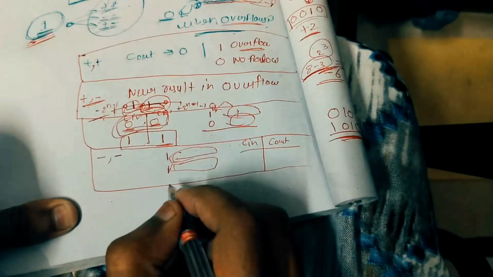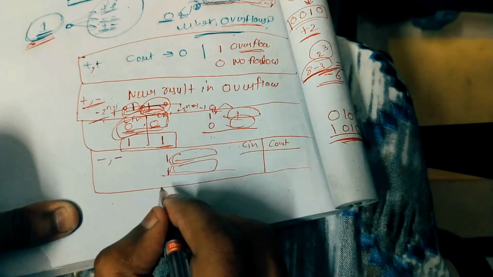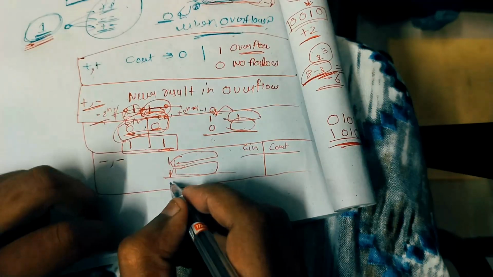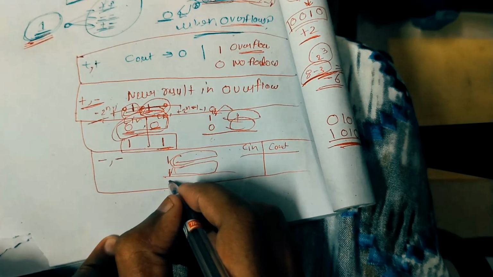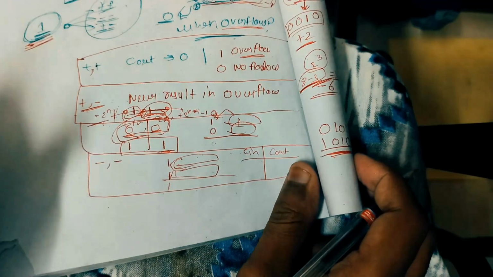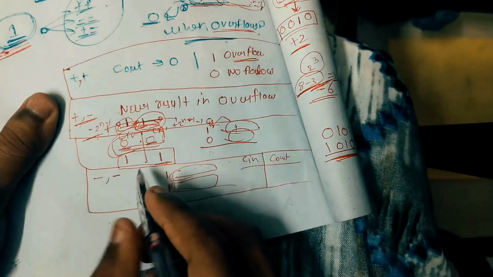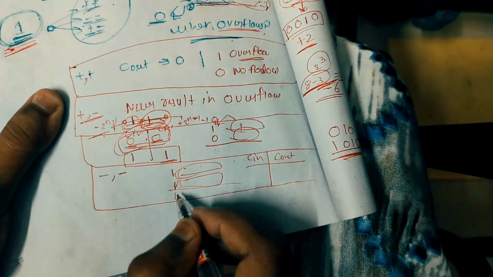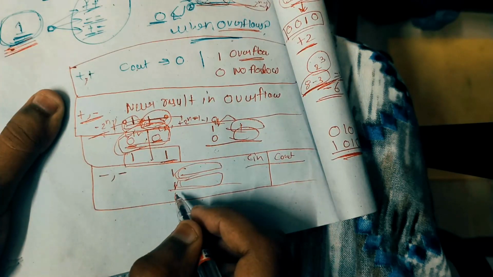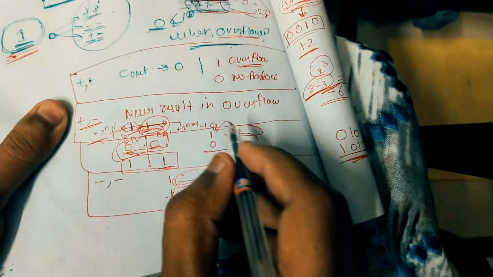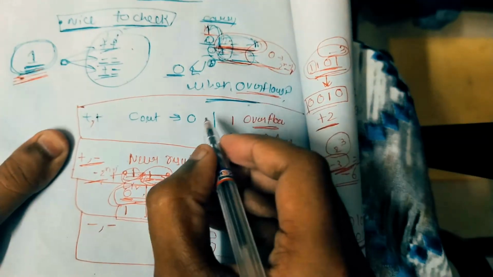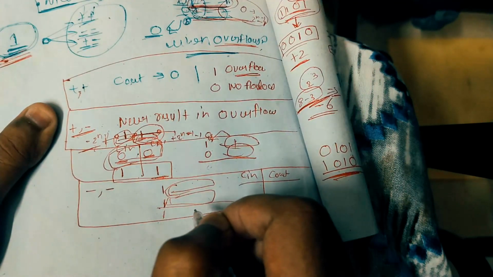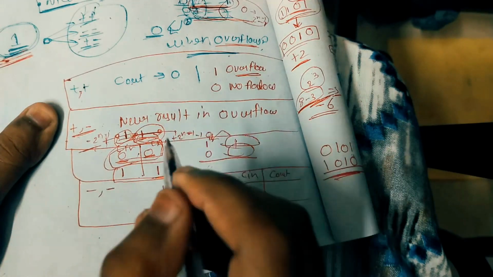So what happens when we add two negative numbers? We get a negative number, so the sign bit of the result should be 1. But if the sign bit of the result is not 1, that means we have an overflow. Same as the case for the positive numbers.